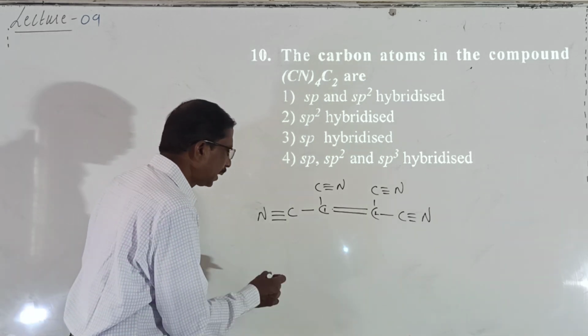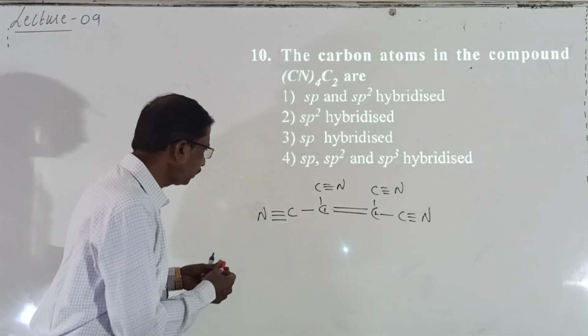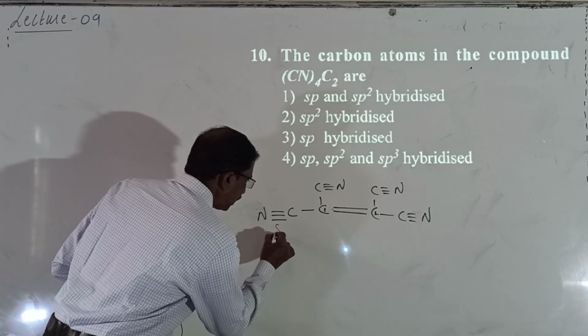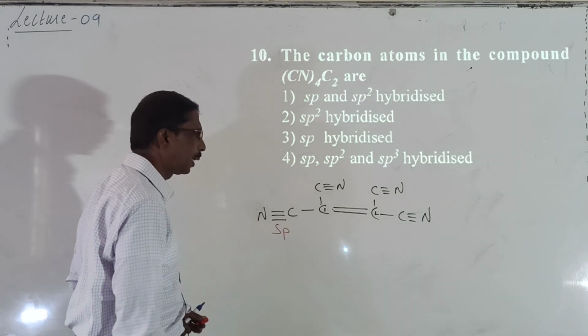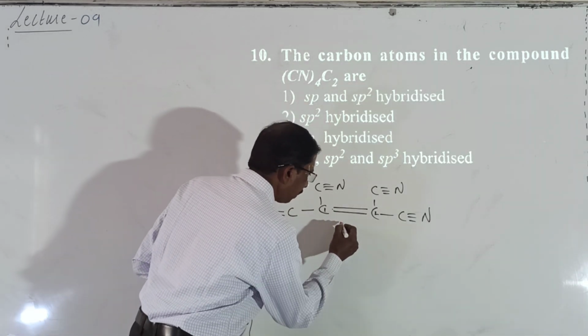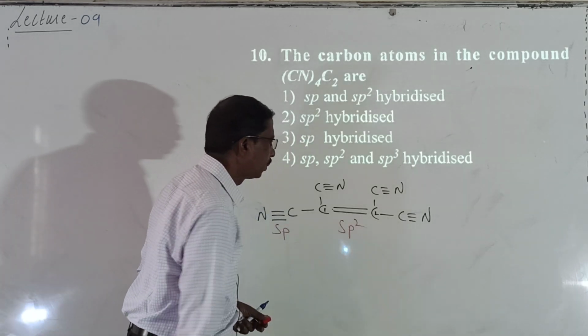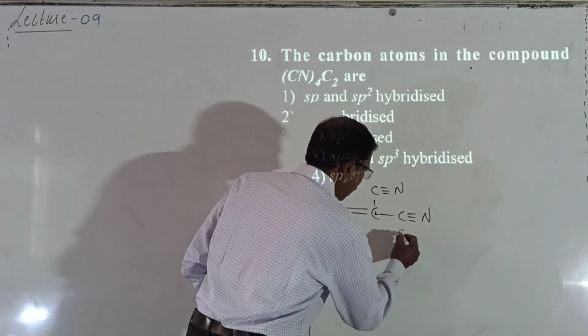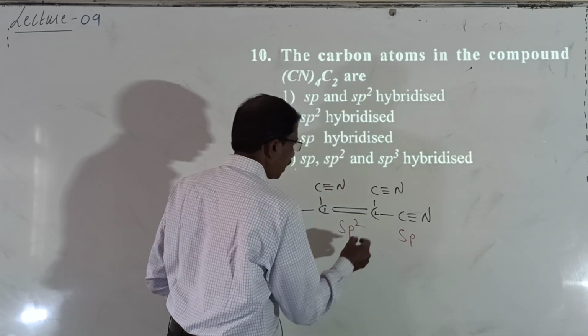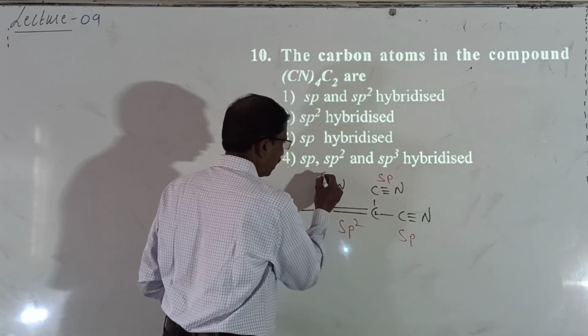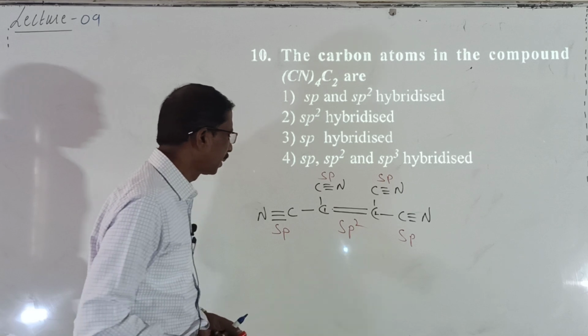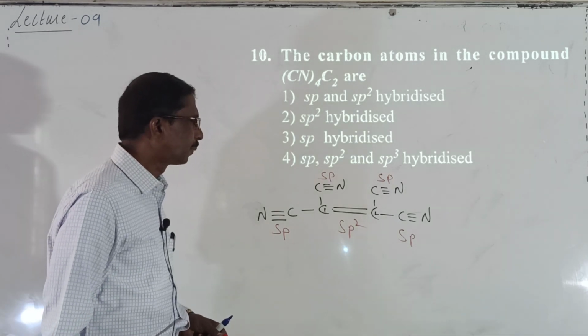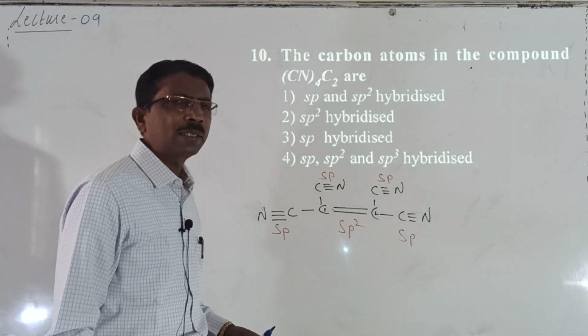Look here, what is the type of bond here? Here the type of bond is sp, the carbon-nitrogen triple bond, and this carbon is sp2, and again here it is sp, and again here it is sp. Look here. So here what is the answer?